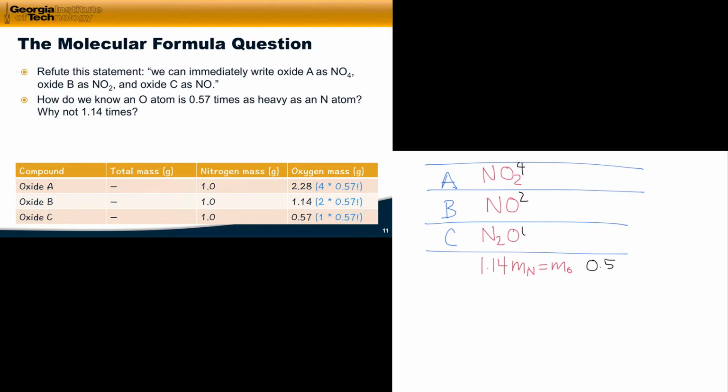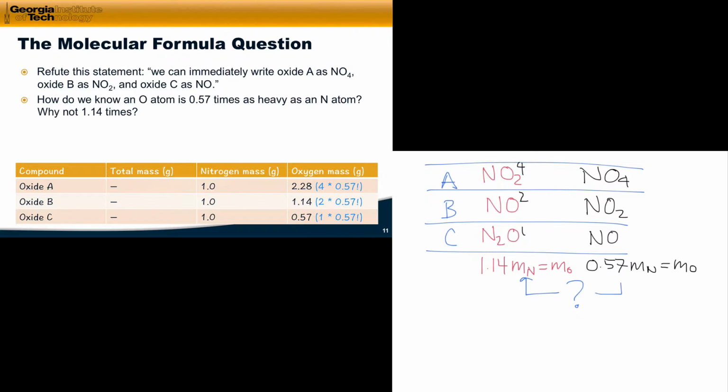But this is just as reasonable as the apparently simpler idea of saying, okay, it seems like a nitrogen atom is 0.57 times as heavy as an oxygen atom based on the data we've got here, which is going to tell us that oxide C is NO, oxide B is NO2, and oxide A is NO4. Problem is, we don't know which of these two is correct.